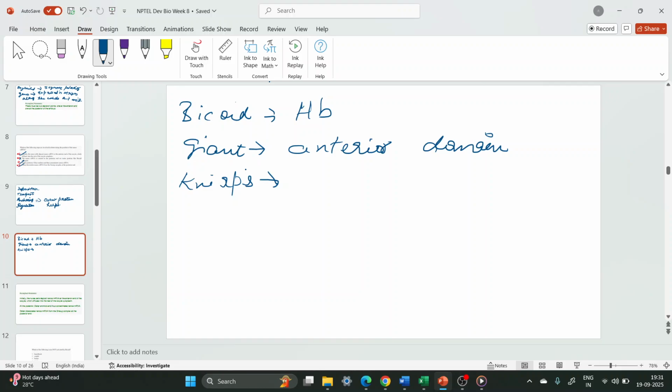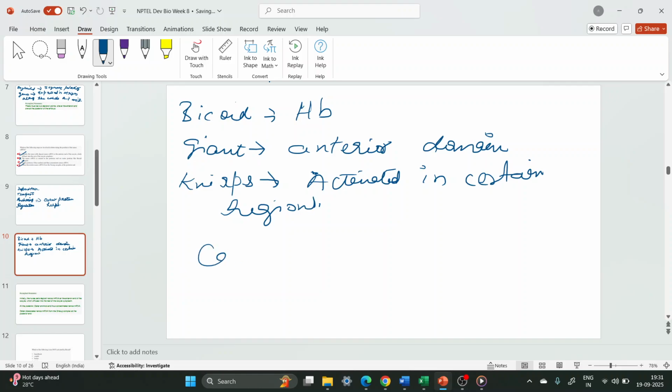So it is not a pure activation case; it is activated in certain regions. Then it represses caudal.